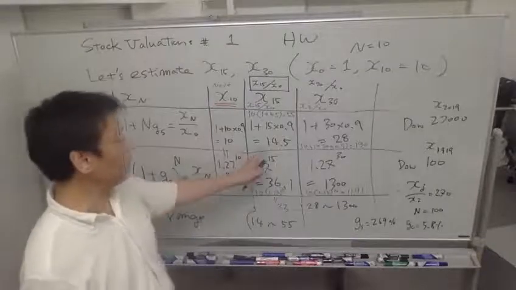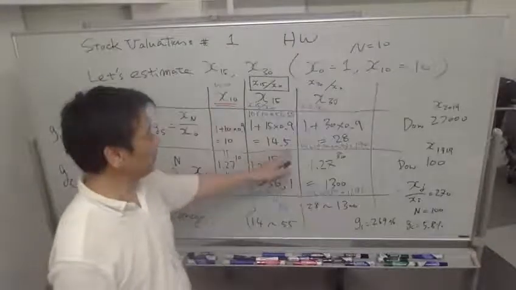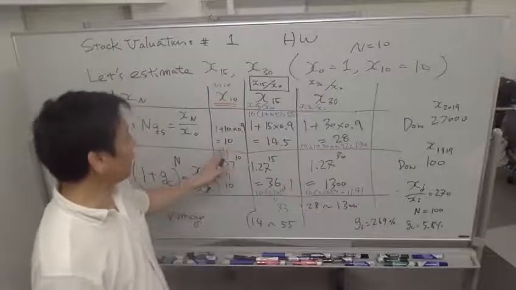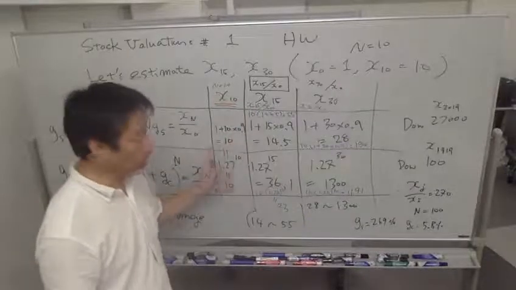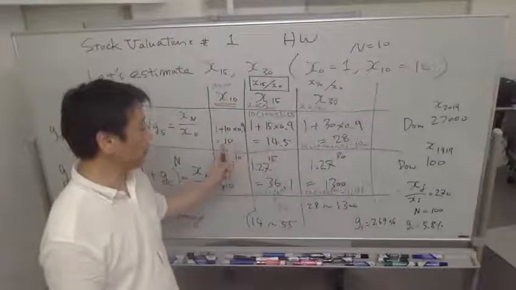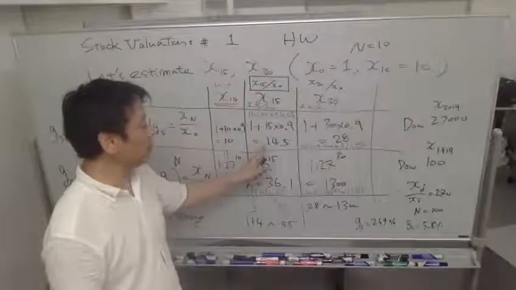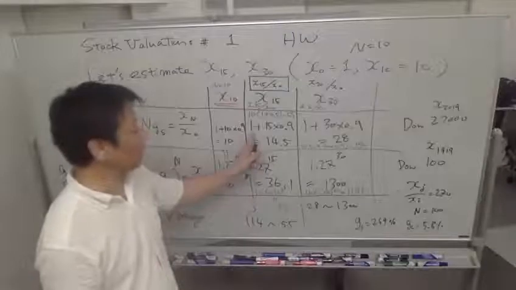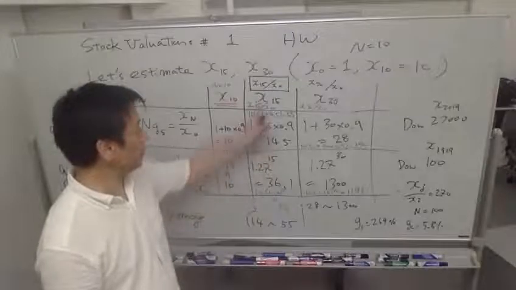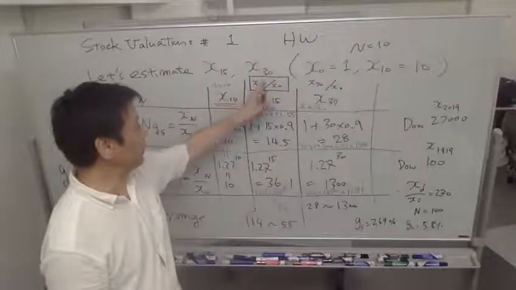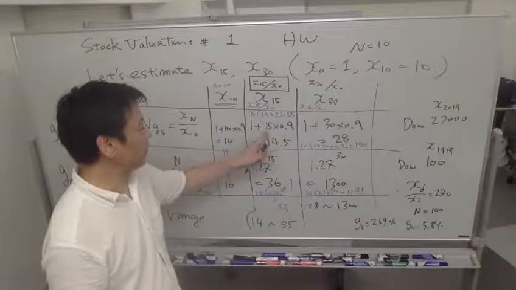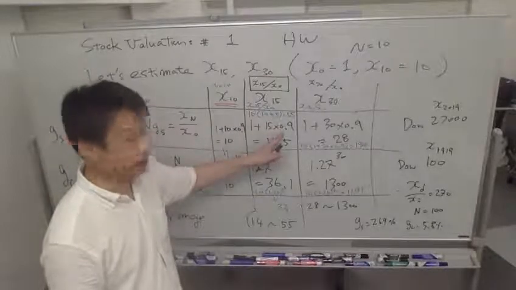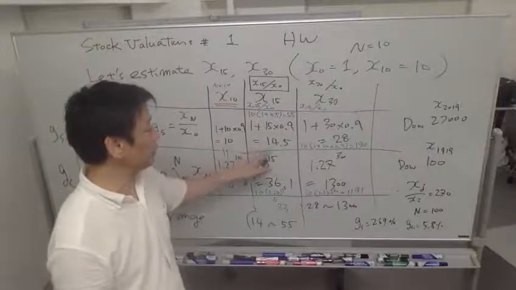The result would be 14.5. So the value would grow from 10 to 15.5 in 5 years, right? 1 plus n, 0 to 15, so n is 15 times 0.9 equals 15.5.